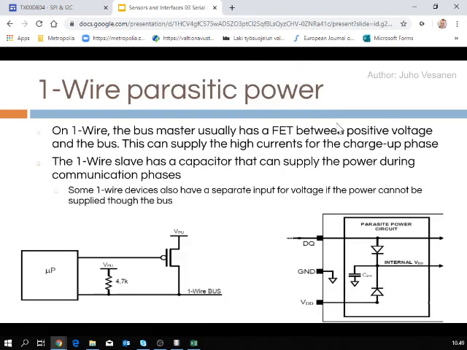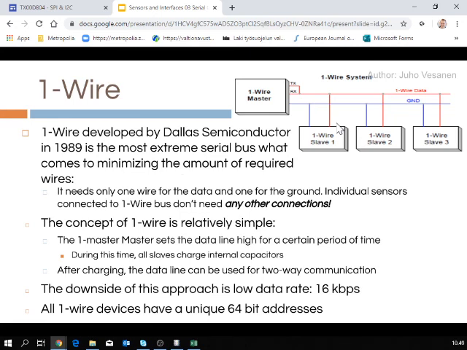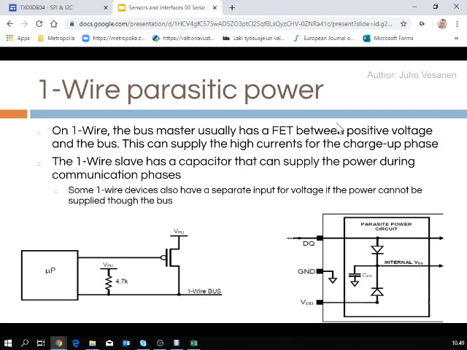There's the Dallas 1820 type one-wire temperature sensors. They cost next to nothing, wiring is easy, and there are plenty of code examples available. So that's probably the easiest and cheapest way of measuring temperature.